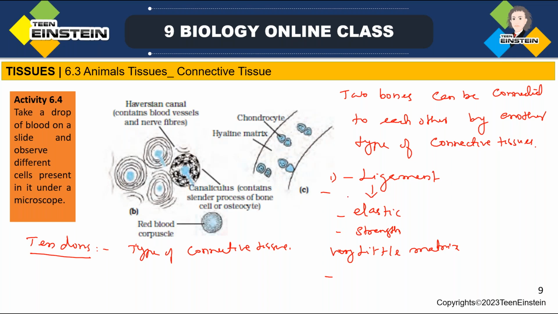This ligament has very little matrix, and what ligament will do is connect a bone with another bone. That means it gives a bone to bone connection.